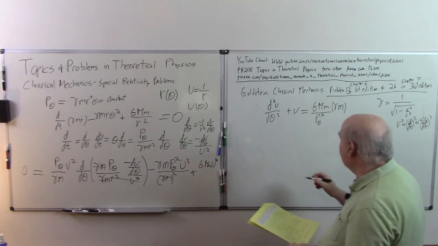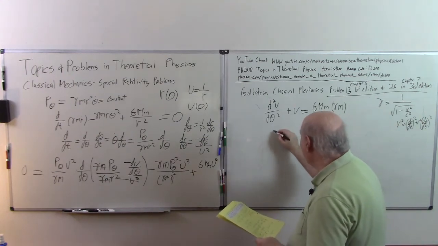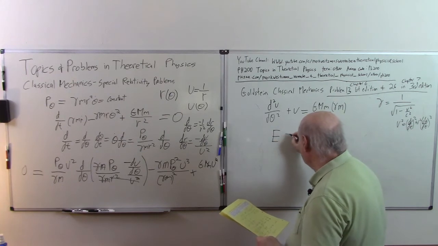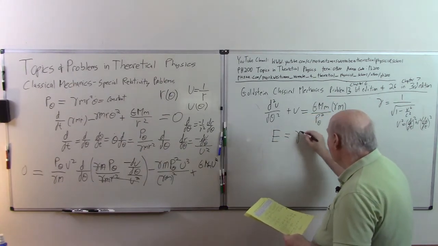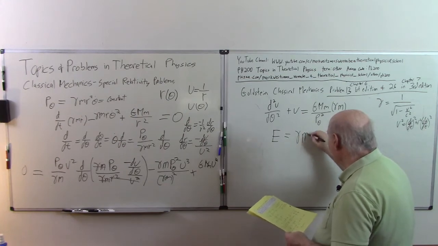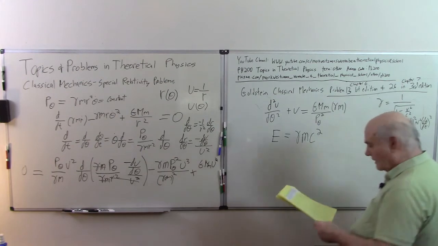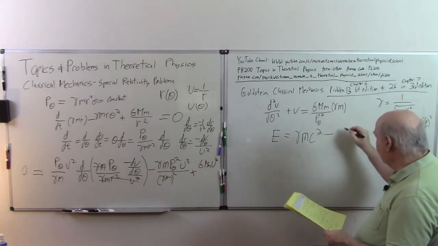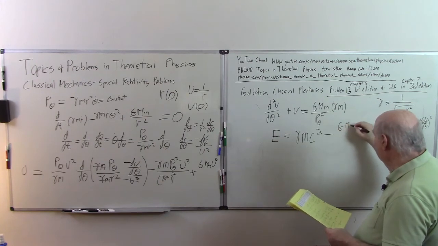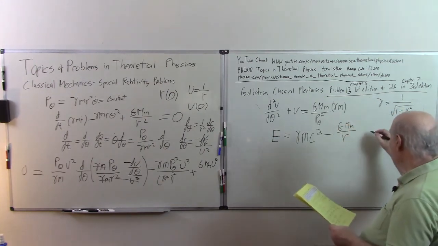Because we can write, and you can easily verify this, we have another first integral, which is conservation of energy. The relativistic total energy for the moving particle is just gamma mc squared minus the potential energy. So this is conserved.